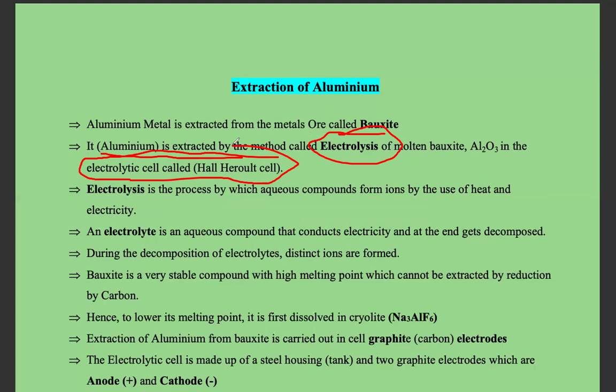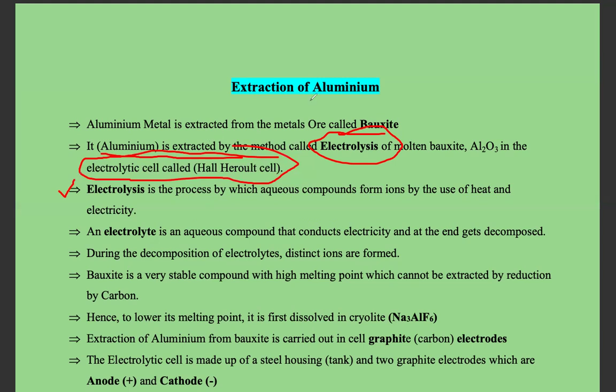Now, in this Hall-Héroult cell, we need to understand what actually happens. Electricity is involved, and heating is also involved at the same time. Now, what is electrolysis? Electrolysis, the point is defined here. Electrolysis is the process by which aqueous compounds form ions by the use of heat and electricity.